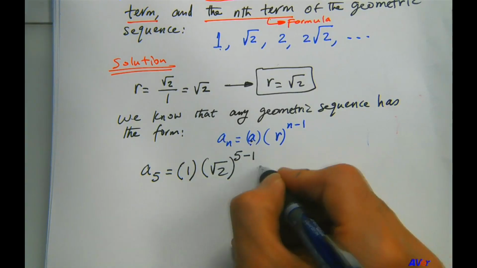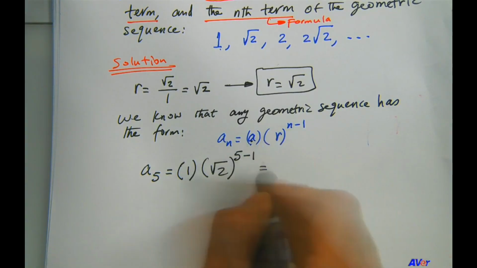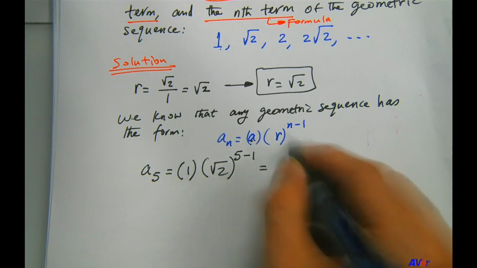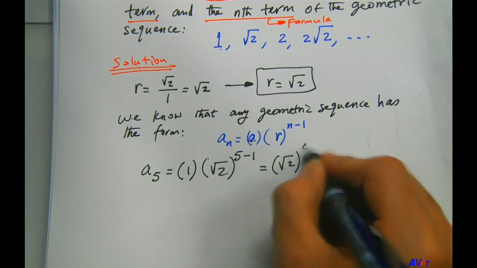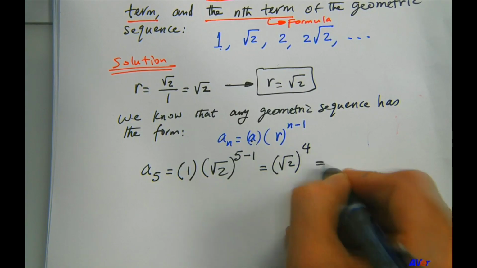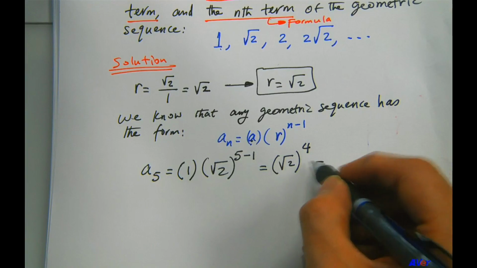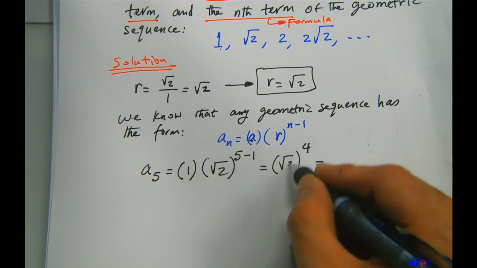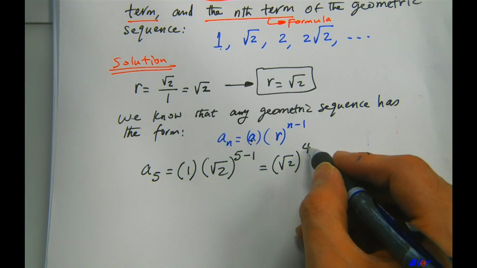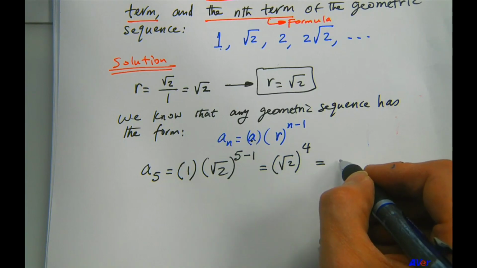All right? So 1 is just 1. Multiplying by anything is itself. So here we have square root of 2 to the 4th power. And what is that? If you raise square root of 2 to the 4th power, you get 4.